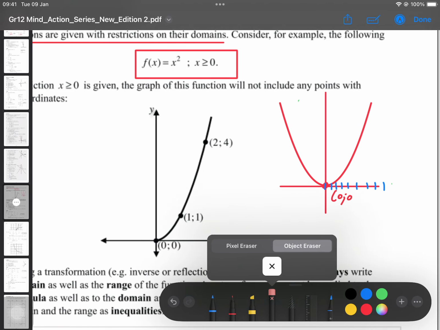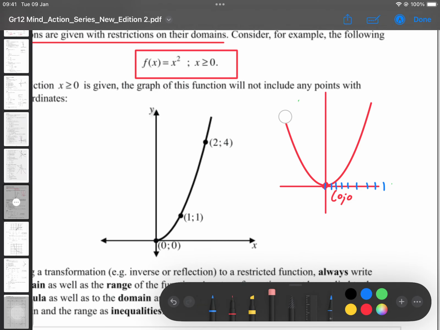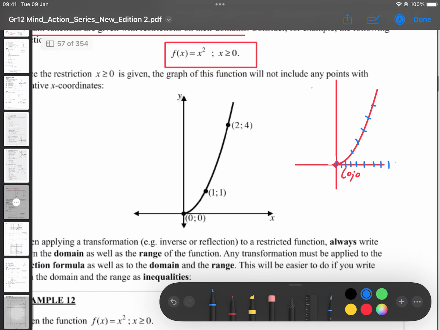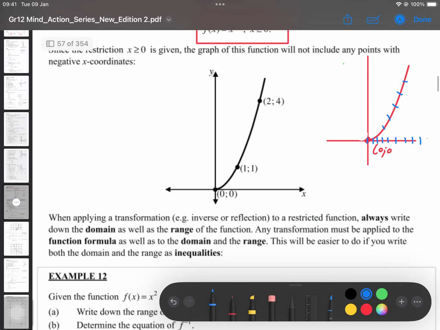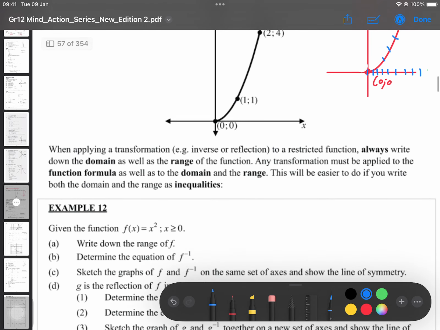That means we don't consider this part. So our function will only be on this side. That's what the restriction does. It just cancels one side of the parabola and focuses on the other. Let's continue and see how this works as well.